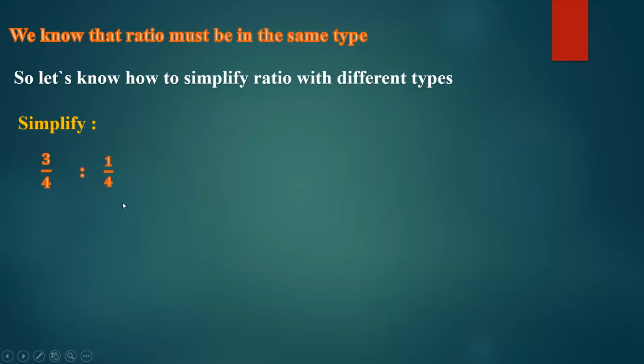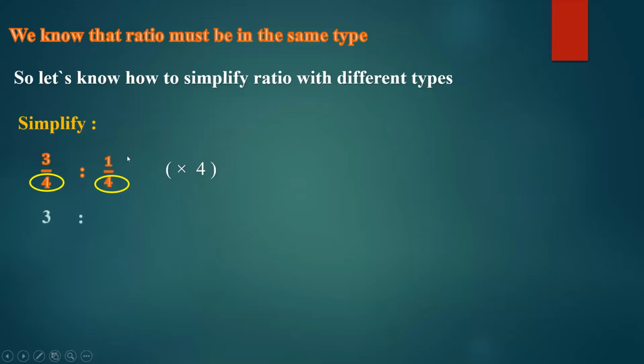We have the same denominator here. So we are going to multiply by the denominator. If we have the same denominator, multiply both fractions by the denominator. So we are going to multiply by 4. So it will be 3 over 4 times 4. It will be 3.